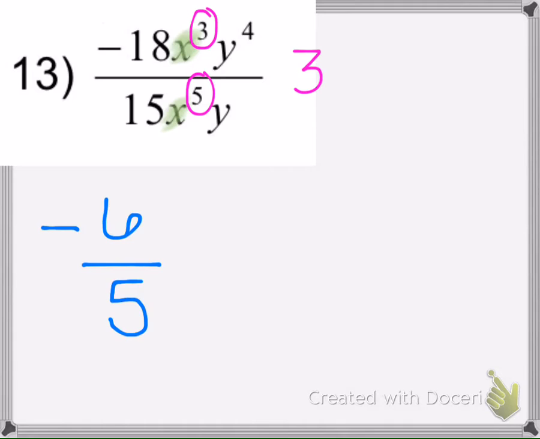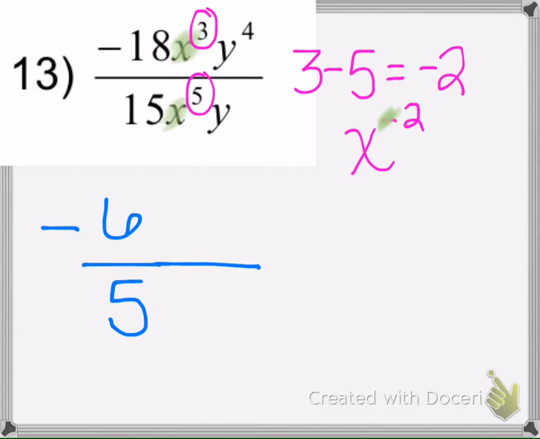So 3 minus 5 is negative 2. So essentially we have x to the negative 2nd power. But what this negative means is that there are going to be 2 x's, and the negative means it's going to be in the denominator. So we're going to have 2 down here in the denominator.